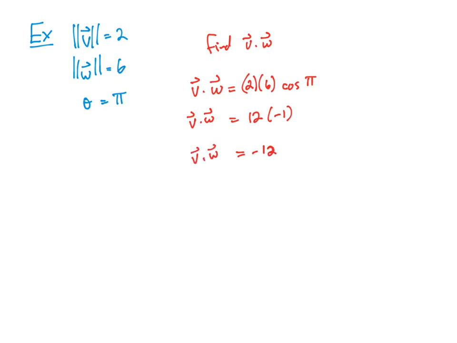So what does this mean? Well, if we think about graphing this, I have this vector with a magnitude of 2, this vector with a magnitude of 6, and this angle right here is pi. So they're going in opposite directions.